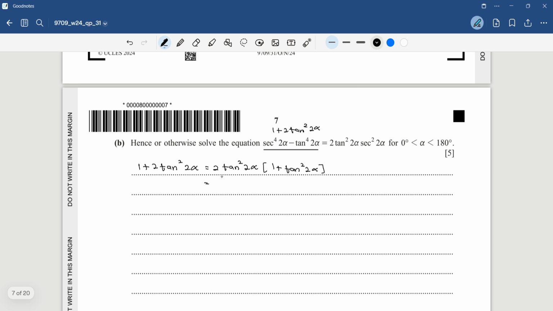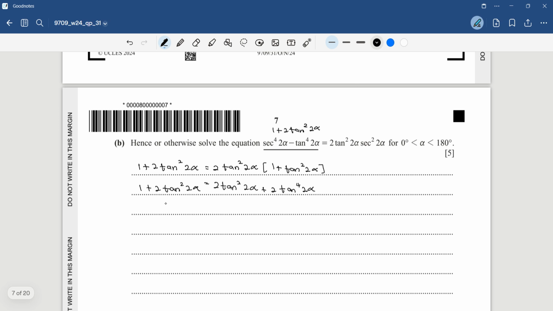So when we expand this, you'll get 2 tangent square 2 alpha plus 2 tangent power of 4 2 alpha. Okay, so 1 plus 2 tangent square 2 alpha.